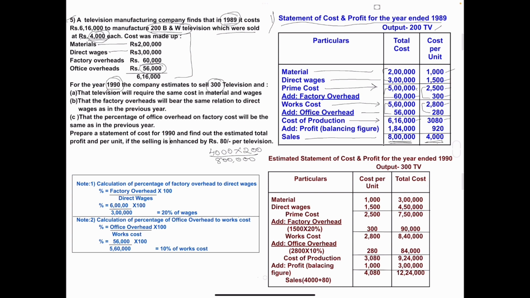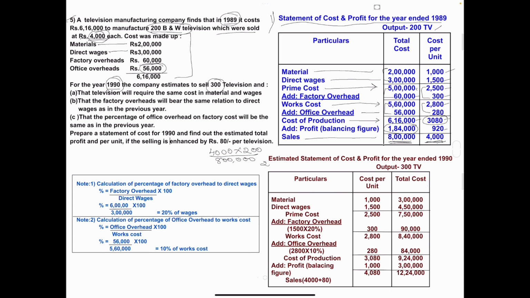From 8 lakh minus 6,16,000, we will get profit amount, that is 1,84,000. Per unit column, from 4,000 minus 3,080, we will get 920. This is profit balancing figure. So this is the cost sheet for the year 1989.